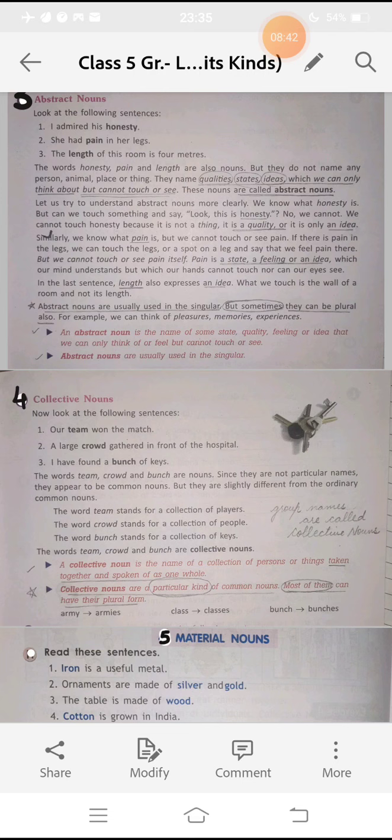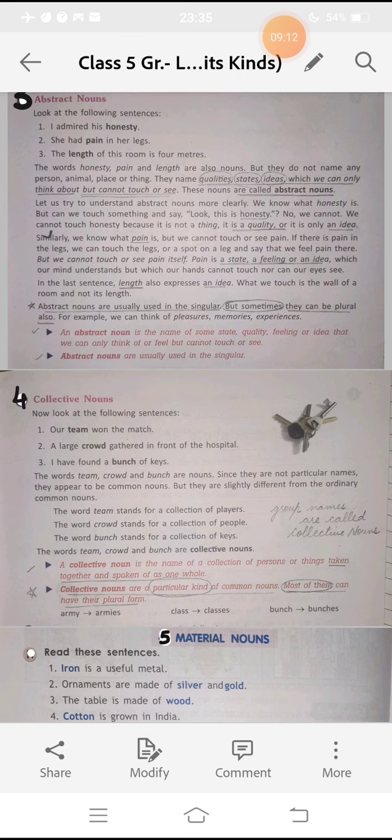It can be singular also, pleasure, memory, experience. So these words can be in plural form also and singular form also. But usually abstract nouns are singular. Honesty cannot be honesties. So there are few words which can take both singular and plural form for abstract noun, but a few exist only in their singular form.